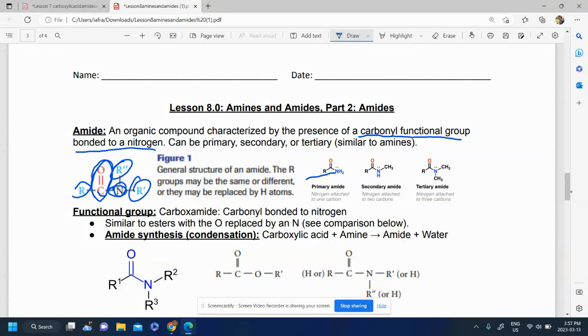It's just H's. Whereas a secondary amide has two carbon chains, one being the one with the double bond O in it. And then the tertiary amide has three carbon chains, one being the one with the double bond O in it.